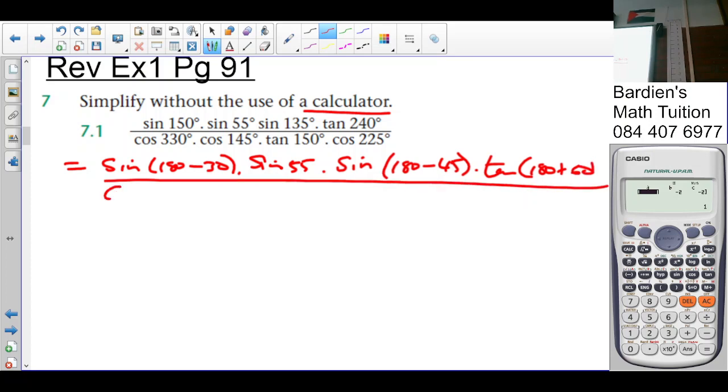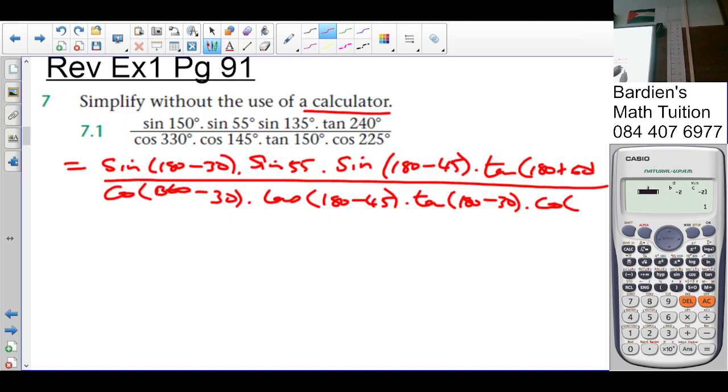And this is over cos of 360 minus 30 times cos of 180 minus 45 times tan of 180 minus 30 times cos of 180 plus 45. So that would simply be sine of 30 degrees times, where's the 55?